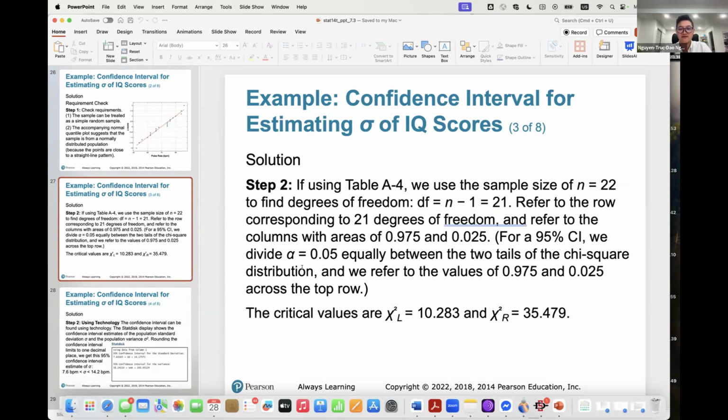We divide alpha equals 0.05 equally between two tails of the chi-square distribution. And we refer to the values of 0.975 and 0.025 across the top row. And then we can use the table to determine the critical values chi-square L and chi-square R.